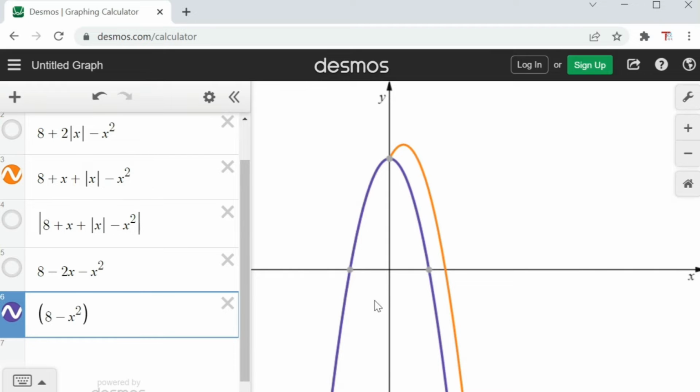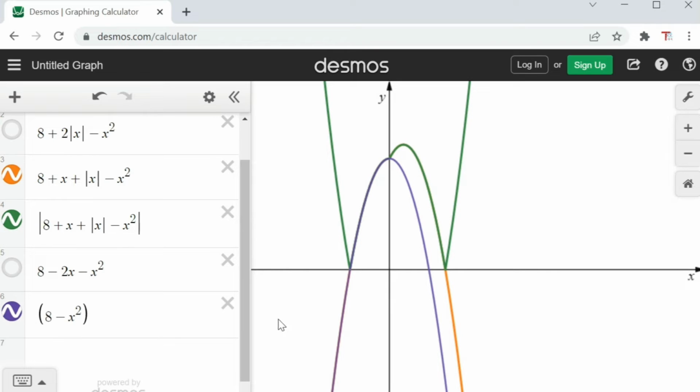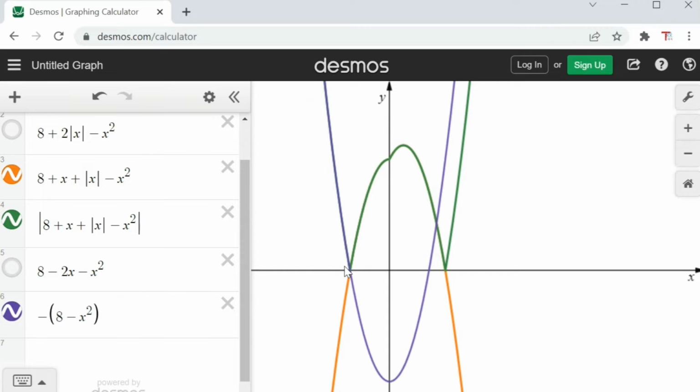And then hopefully you can see here with the original graph, I want to reflect that bit up. So reflecting that bit up gets that bit, and then multiplying this by -1 also reflects the graph. So you can see why we use the minus over here, because it reflects in the x-axis.